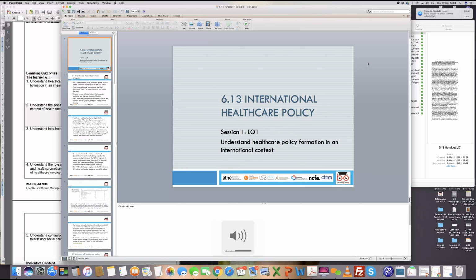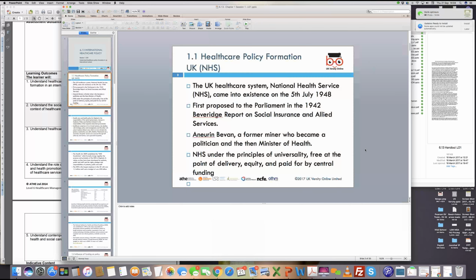Okay, sorry, back on. So just starting with, I think because we understand the NHS, there are 2 or 3 systems that I put together in Moodle for you to look at, gaining knowledge about the healthcare policy in general.